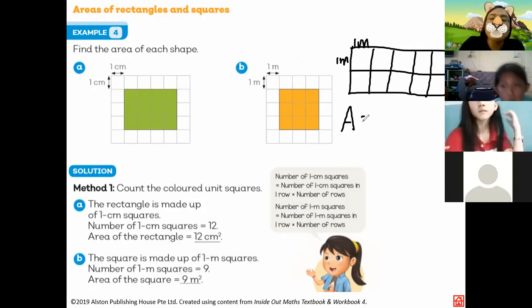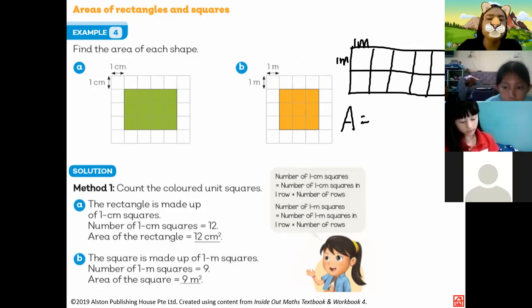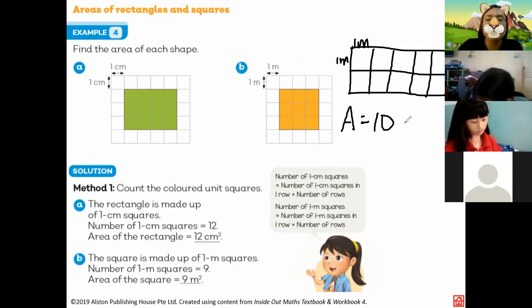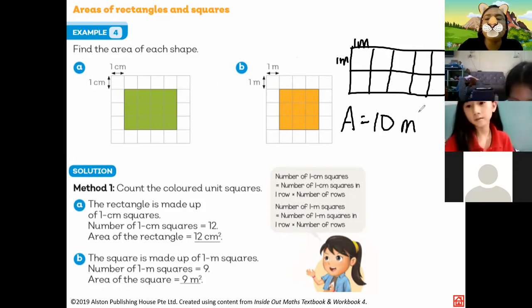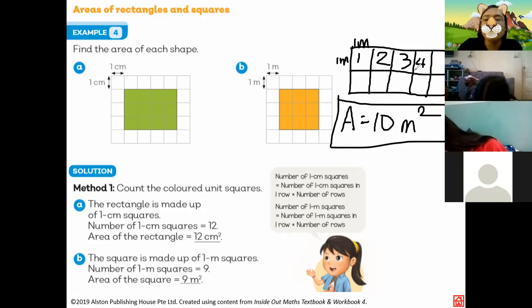So what is the area of this figure? 10 meters squared. It's very easy, class. 1, 2, 3, 4, 5, 6, 7, 8, 9, and 10.